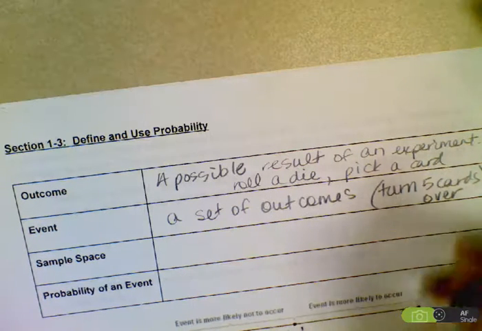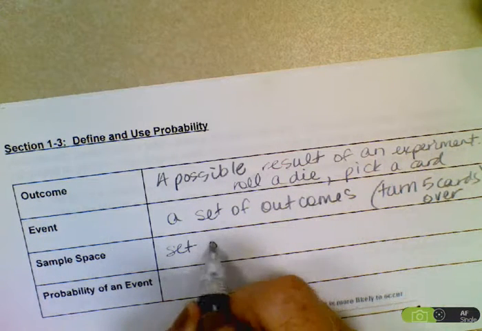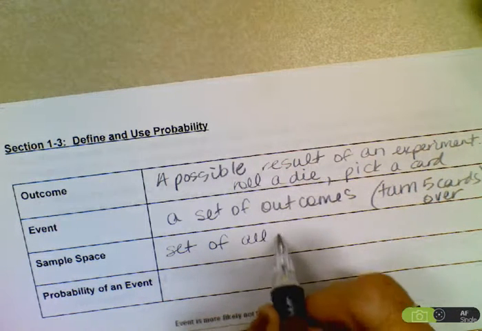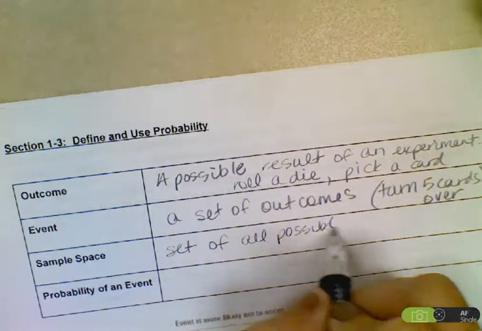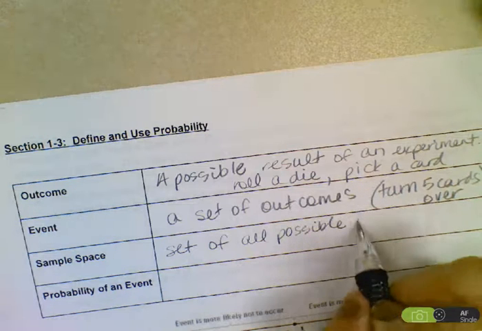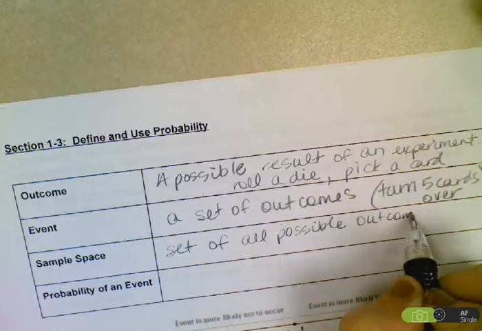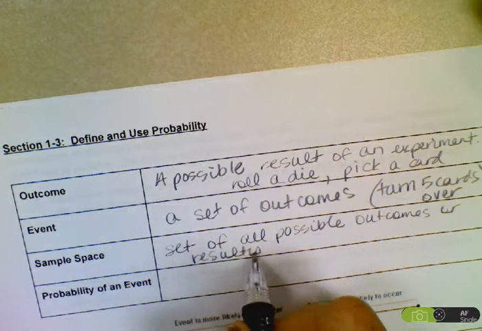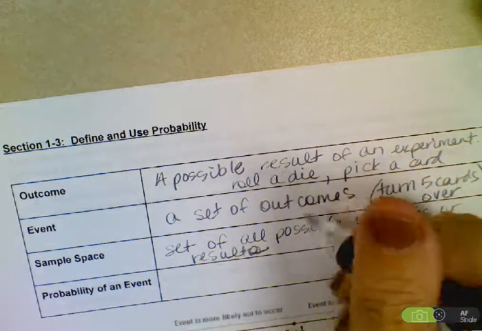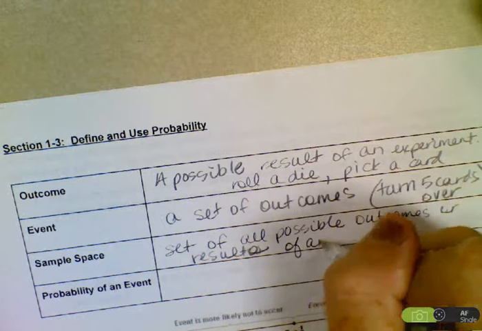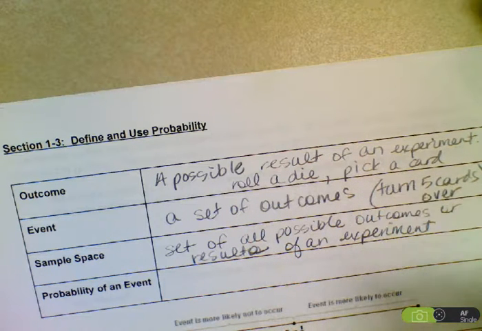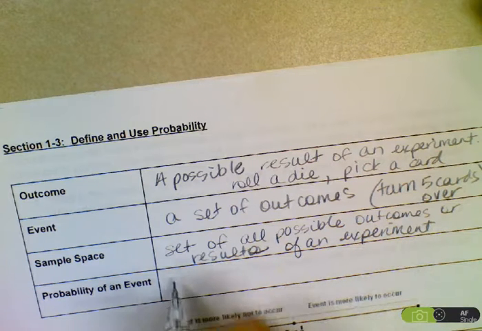All right, a sample space is the set of all possible outcomes within an experiment. And the probability of an event is the likeliness of something happening within that experiment.